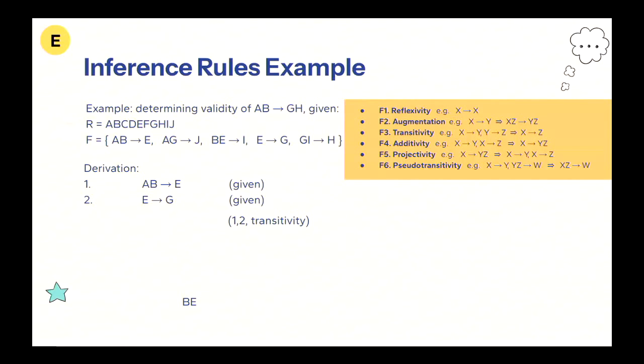So first, AB can determine E, E can determine G. What will AB give us here using the transitivity rule? G, yeah, of course, it's very straightforward.